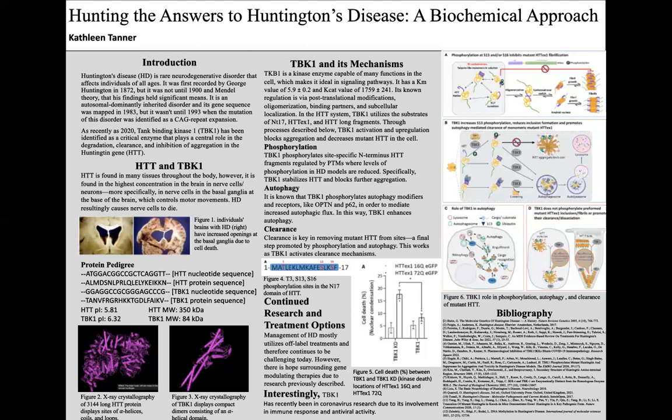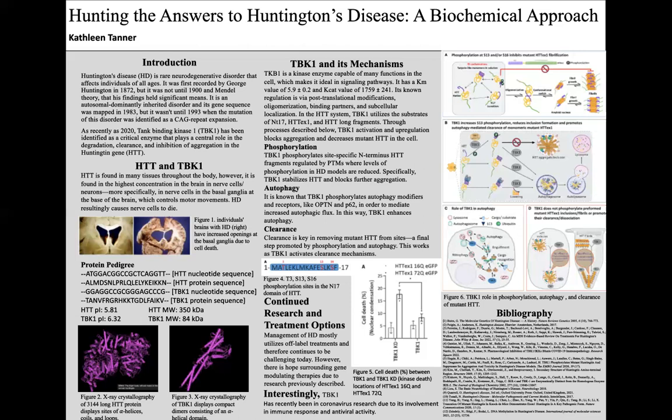Now begins the specific regulatory properties and mechanisms of TBK1. TBK1 phosphorylates N-terminus HTT fragments that are regulated by PTMs. And at these fragments, levels of phosphorylation in HD models are reduced to begin with. At these sites, TBK1 stabilizes HTT and blocks further aggregation via site-specific phosphorylation.